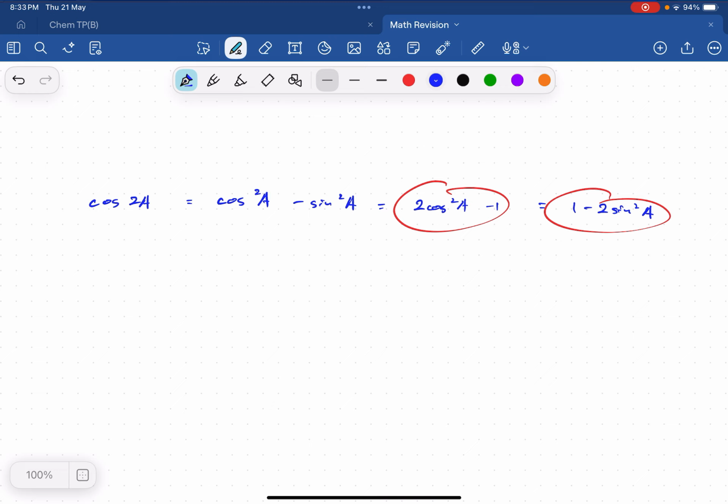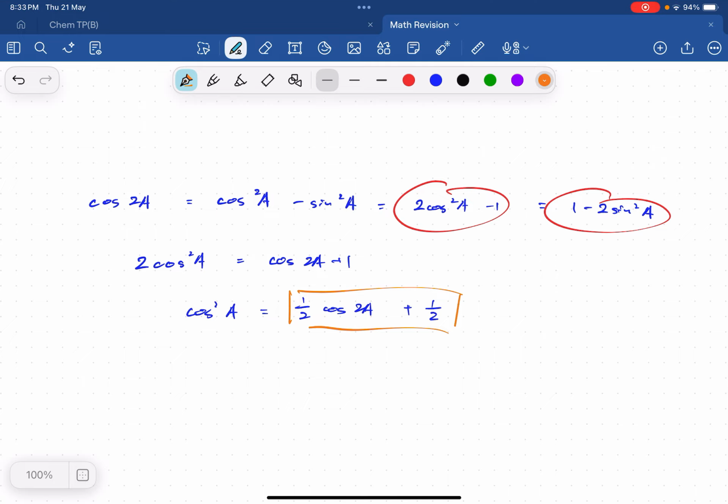But you see that if I use the double angle formula to simplify, this means that I get 2 cos squared A is equals to cos 2A plus 1. Therefore, cos squared A is this entire thing divided by 2. And now suddenly this is integratable, right? You know how to integrate something like this, right? Yeah, see? And similar case for sine squared A as well.